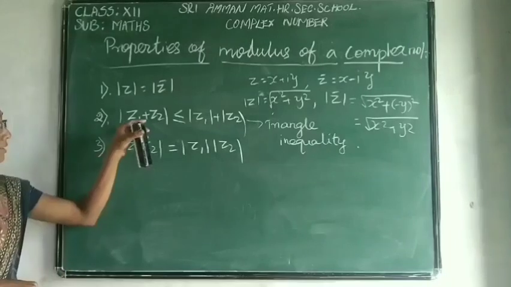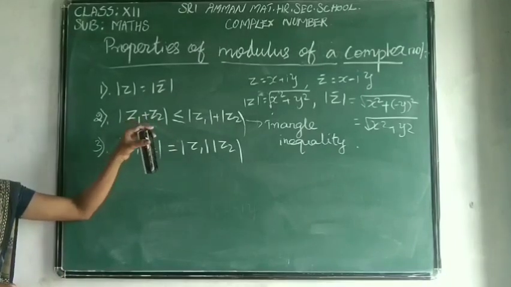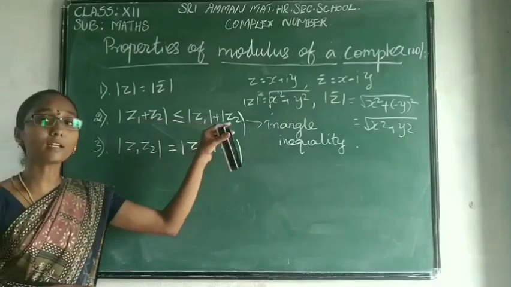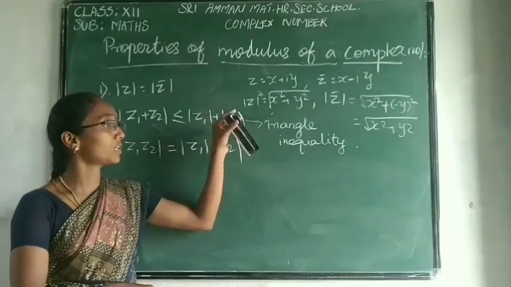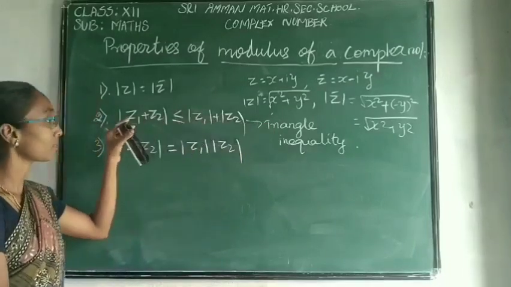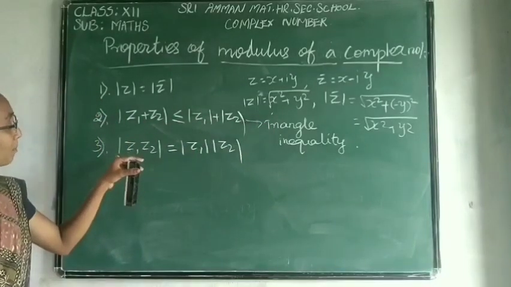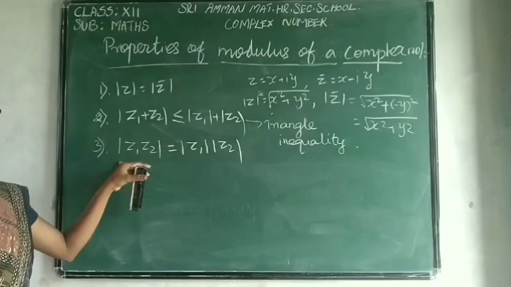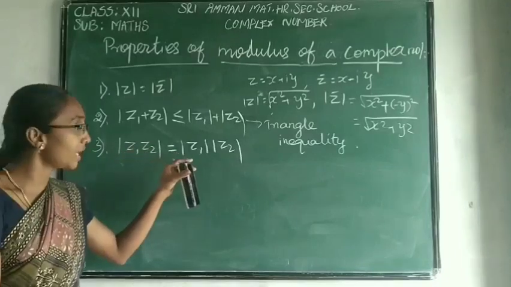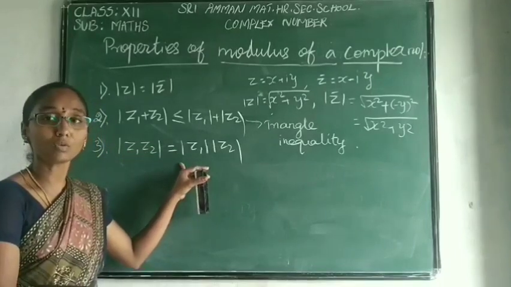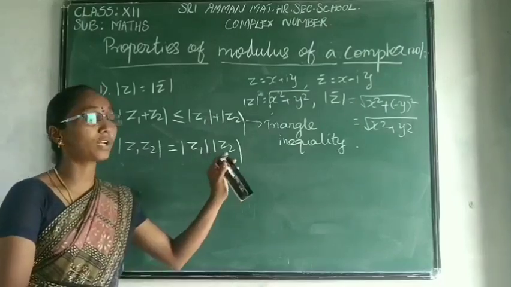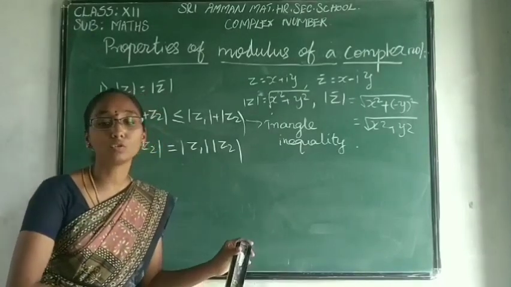Listen, the addition of two complex numbers taken as modulus is less than or equal to modulus of z1 plus modulus of z2, and the product of two complex numbers taken as the modulus is equal to the product of the modulus of z1 and modulus of z2.